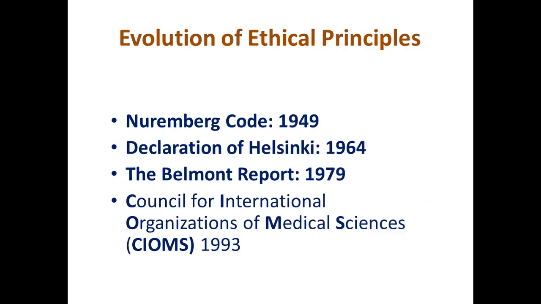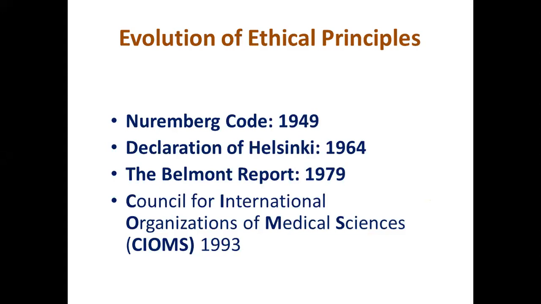The focus of this declaration was the protection of the rights of human subjects, and this is very clear in their amendments. Next is the Belmont Report, which was issued in April 1979.